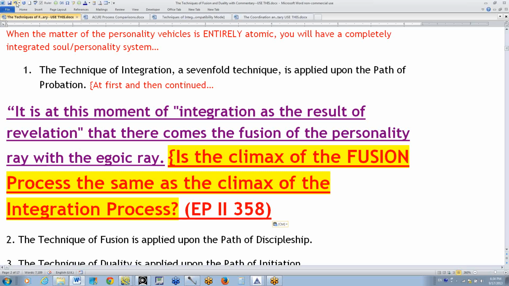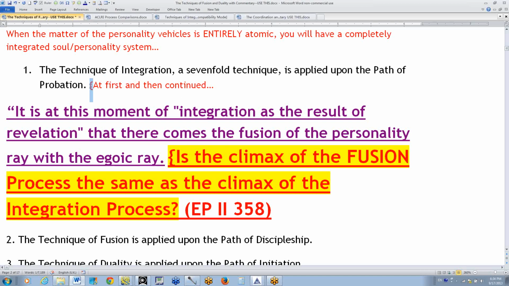So my question was here, is the climax of the fusion process the same as the climax of the integration process? Or is this fusion that occurs at the moment of integration just the predecessor of what's called the emergence into prominence of the personality ray, probably as a sub-ray of the soul?